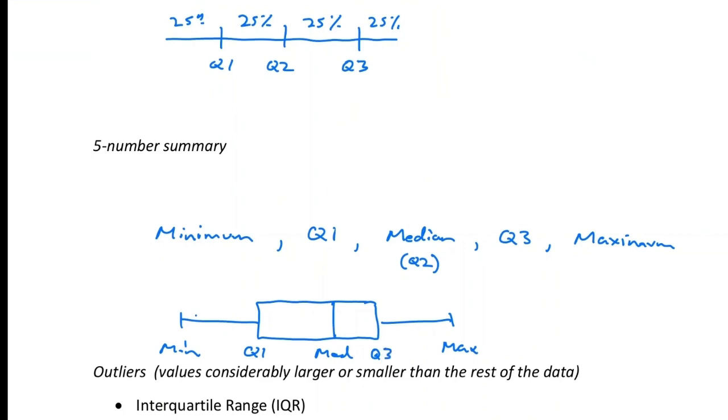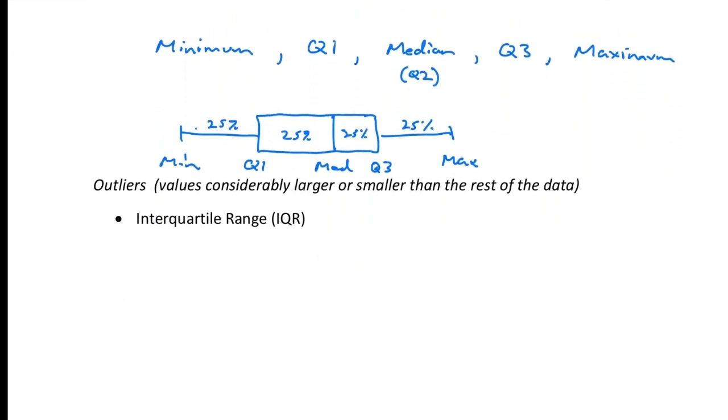There we go. Okay. And each part of that box plot represents 25% of the data. So this tail, sometimes called a whisker, is 25%. This is 25% of your data, 25% of your data, and 25% of your data. All right. So again, a box plot is basically representing visually those quartiles.